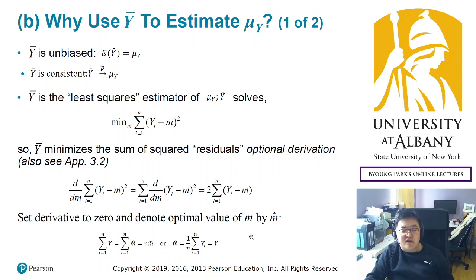It's not that difficult to show, but anyhow, the result is quite intuitive. The sample average minimizes this sum of squared errors. So we say y bar, the sample average, is the least squares estimator, minimizing the sum of squared errors. So the least squares or LS estimator is from this idea.